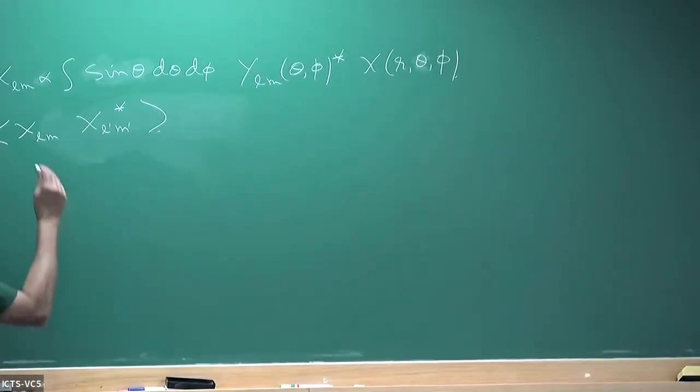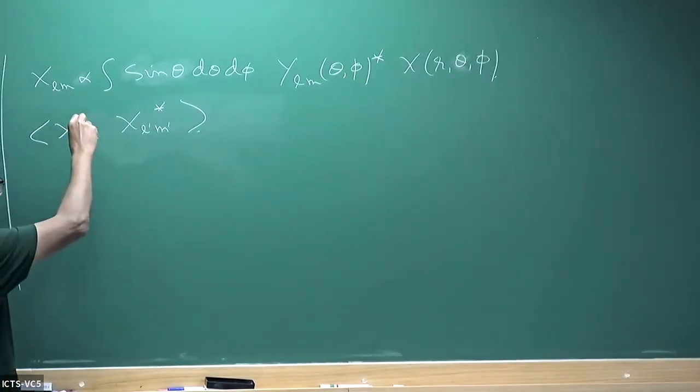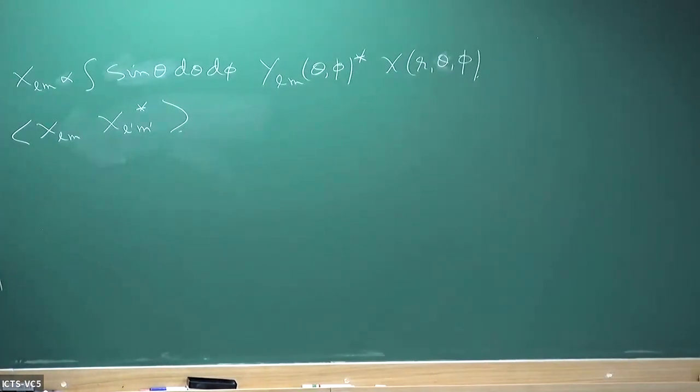So what I was saying is that this two-point function of chi_LM is something that you can directly observe, because you calculate chi_LM, chi_L'M', and then average. What we are observing is the temperature. How is chi related to temperature? Chi is some physical variable; I didn't say what it is.